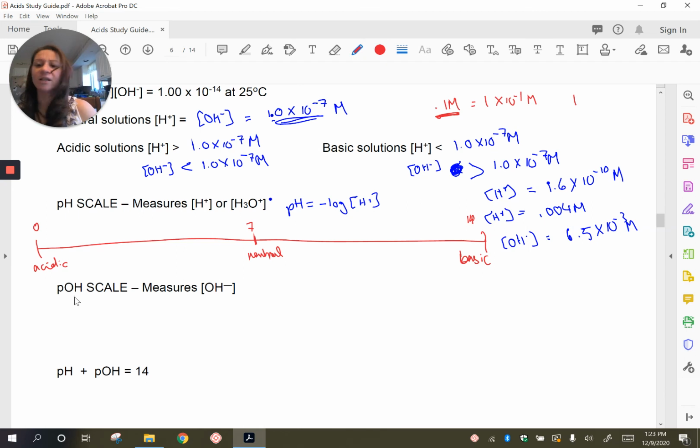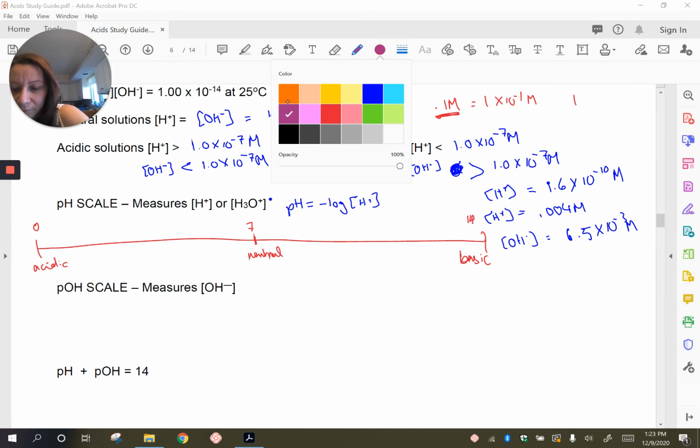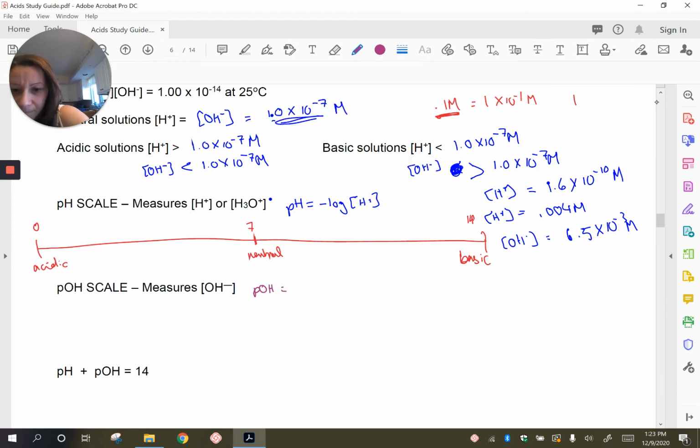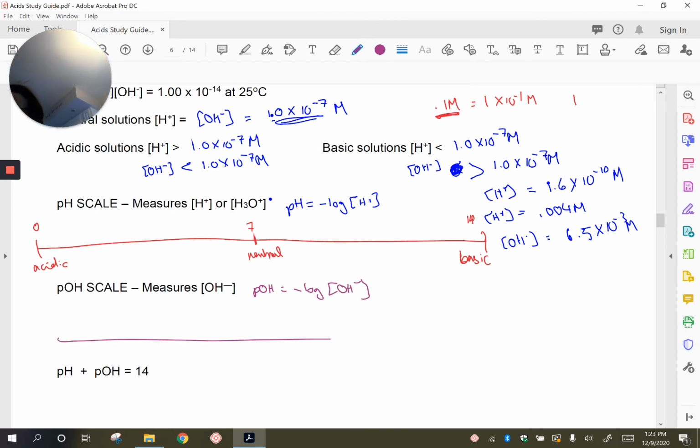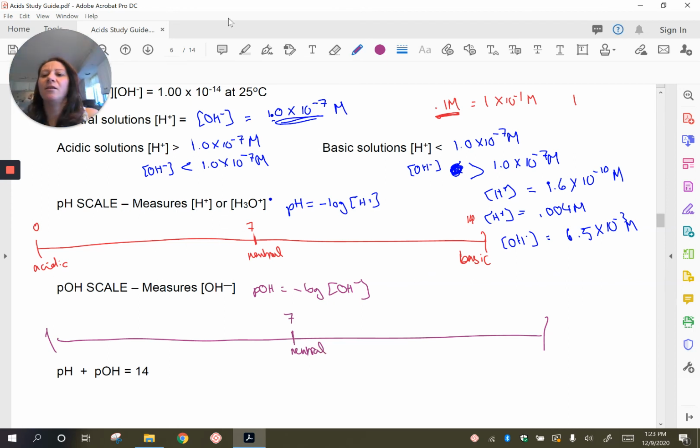Now, similarly, you can calculate the pOH instead. So the pOH is a negative log of the hydroxide ion. And so it works the same way. So 7 is neutral. That's because in a neutral solution, the hydroxide ion concentration is 1.0 times 10 to the negative 7th molar.